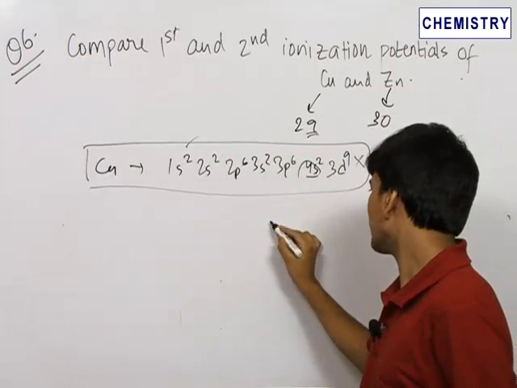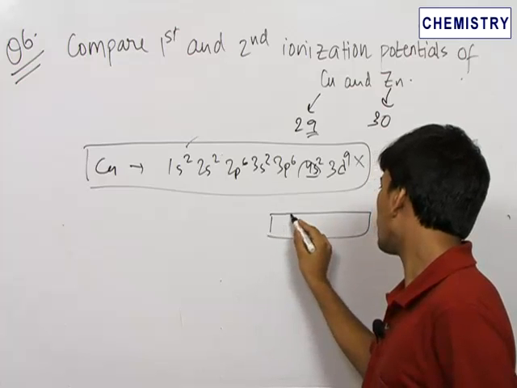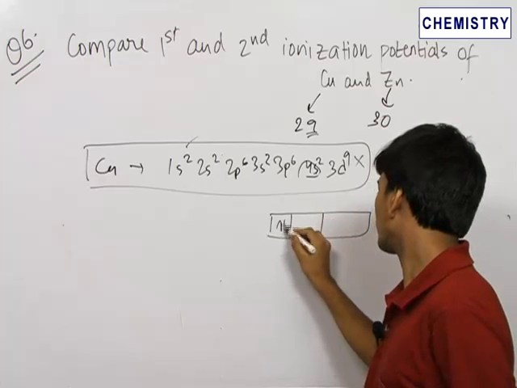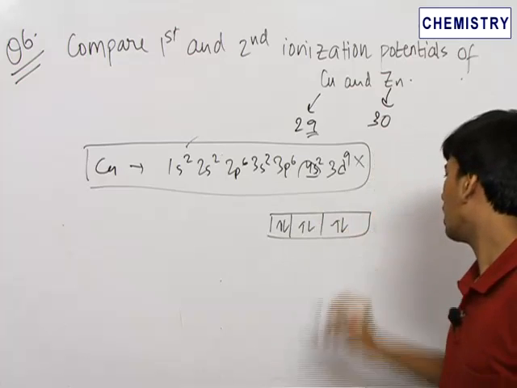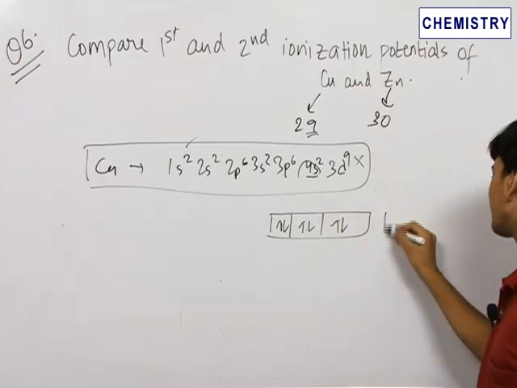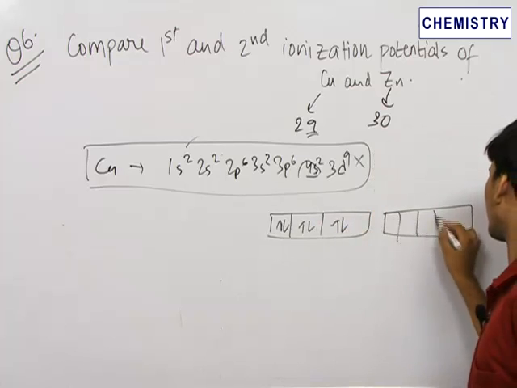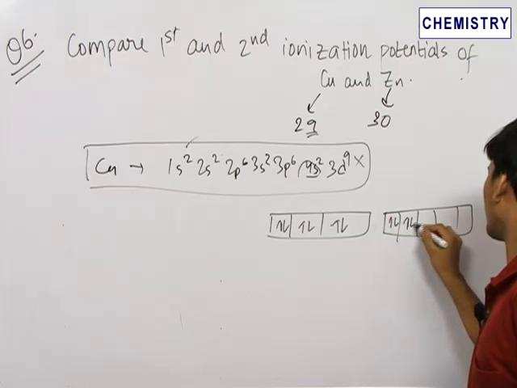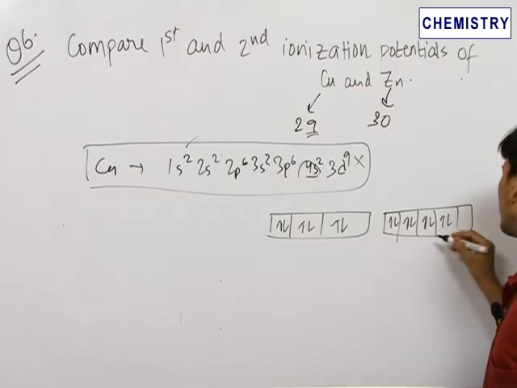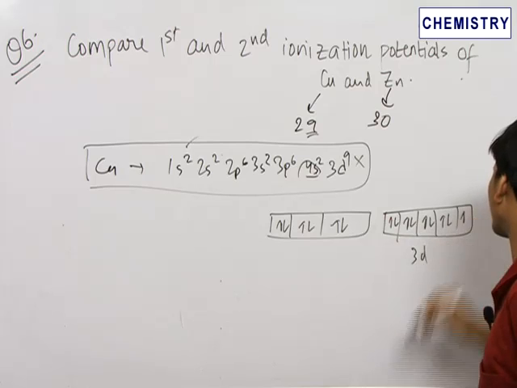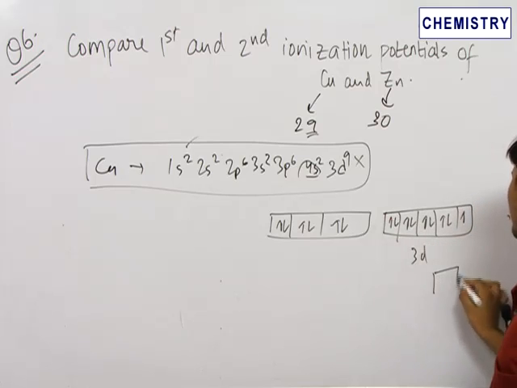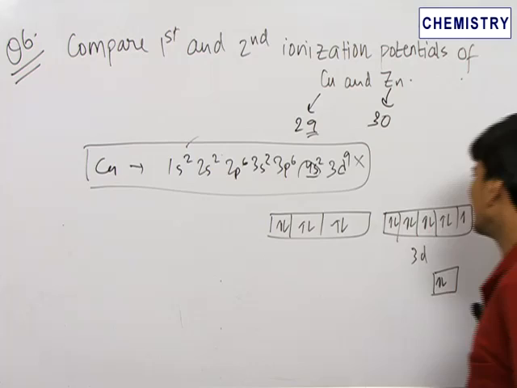Let us draw this. We have filled in the 3p orbitals. After filling the 3p orbitals, we have the 3d orbitals like this and the 4s orbitals like this.